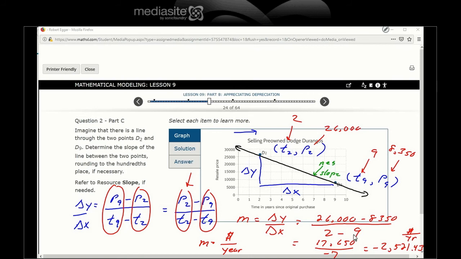Something you should also keep in mind when you're doing your math is have an expectation based on the graph. Hey, my line's going down as I go left to right. That's the ball's going to roll downhill. So I better have a negative for my slope then. Okay, a lot of talking. Two points fine, and to the 100th place if necessary.